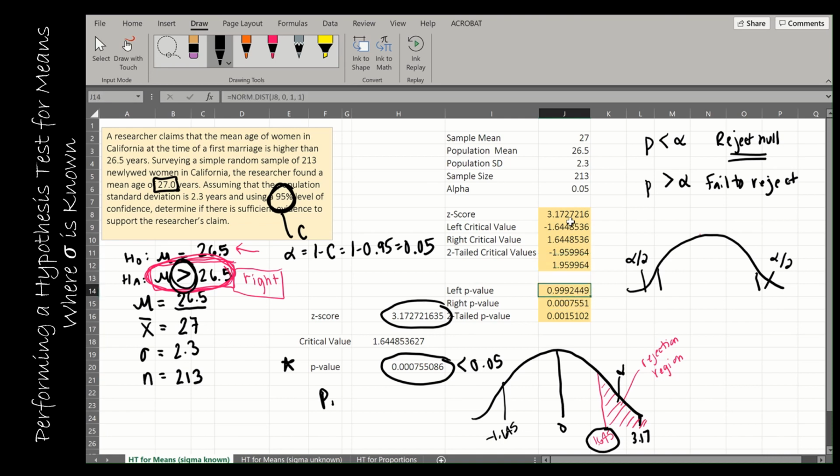Typically, though, I'm going to be looking at the p-value, as I said. And so for the p-value, it's norm.s.dist, and then our z-score into the left. So norm.s.dist is what I used, either one. Right-tailed would be 1 minus, and then two-tailed, I got a little bit tricky, and so again, I'll take you through that one when we do a two-tailed test.